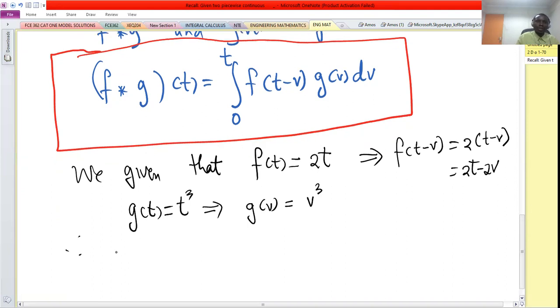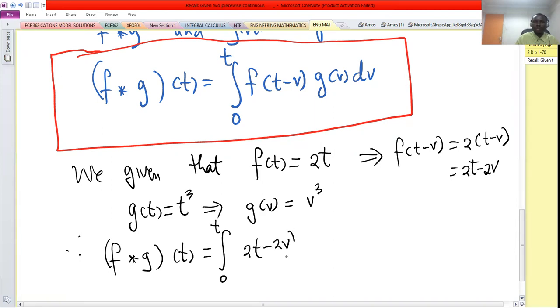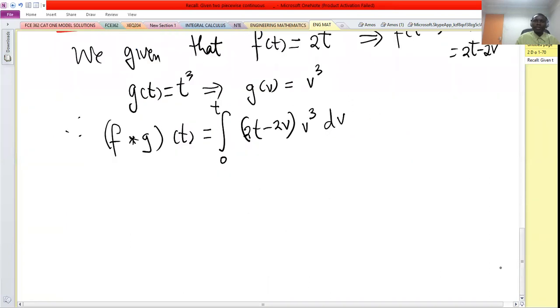Therefore, f star g, or convolution of f with respect to g, is the integral from 0 to t. Where there's f of t minus v, we replace 2t minus 2v. G of v will be replaced by v cubed, and then dv. So this will give us the integral from 0 to t of 2t v cubed minus 2v power 4 dv.